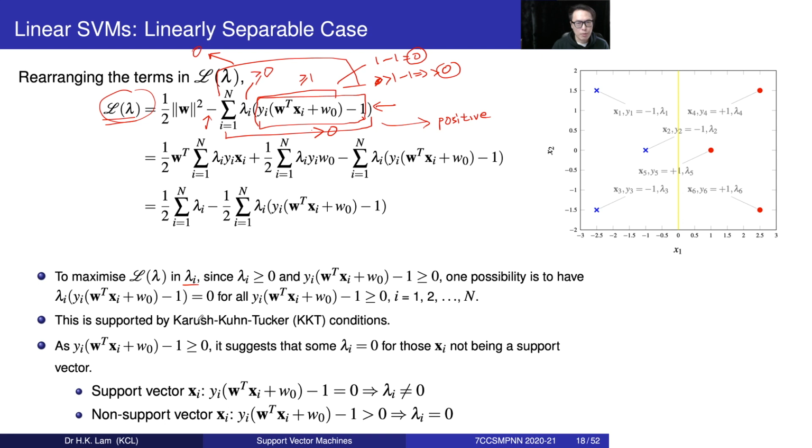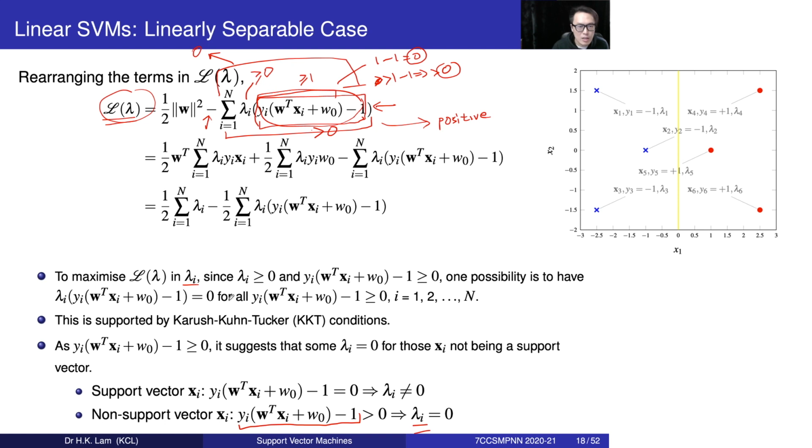So we come up with this conclusion: if this term is greater than 0, we are going to set lambda I to be 0, so that the whole term becomes 0.